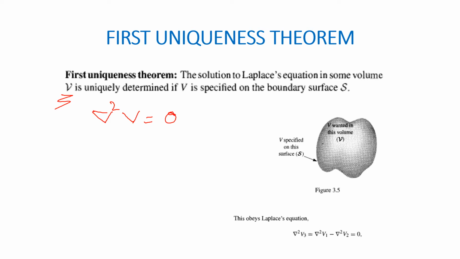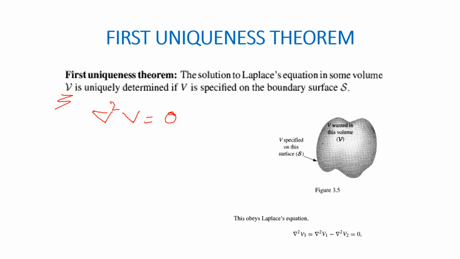So according to the first uniqueness theorem, if the potential is specified on the surface, then the solution to the Laplace equation, or the potential inside the volume, can be uniquely determined.